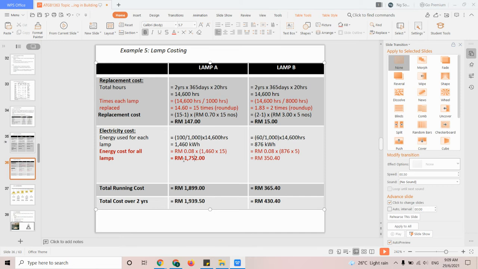Okay, so this electricity cost, adding with the replacement cost, you will get this value.